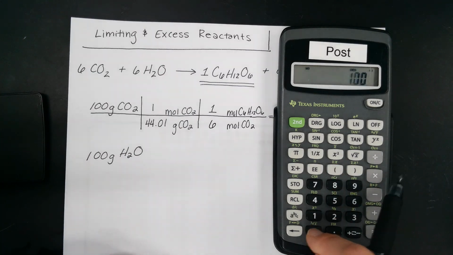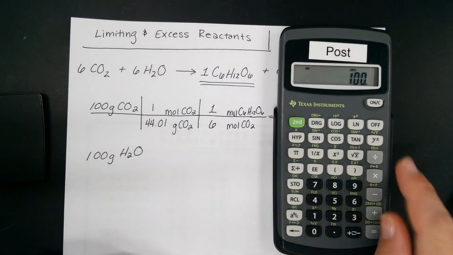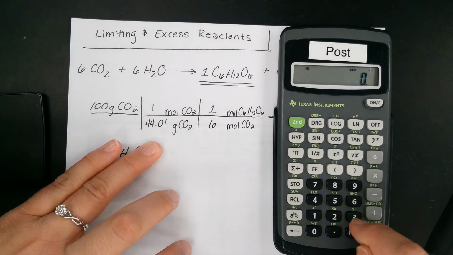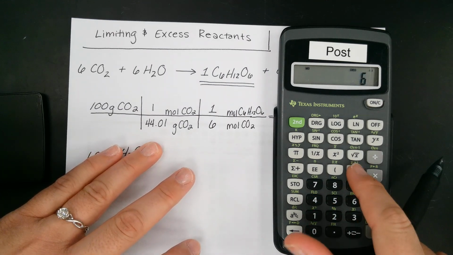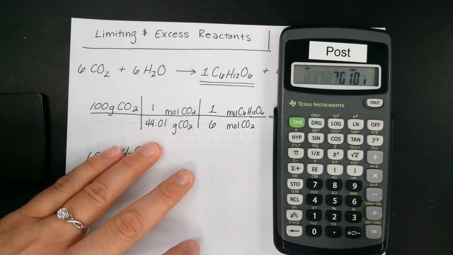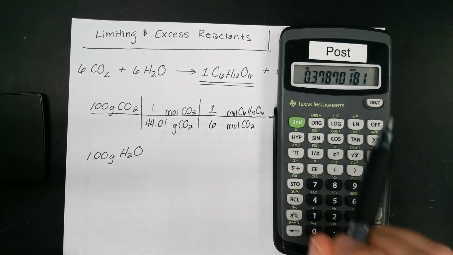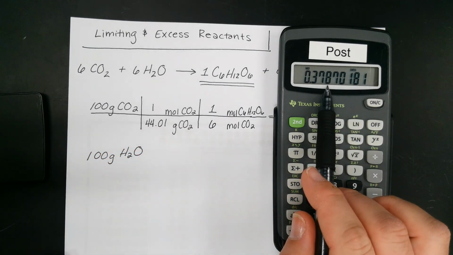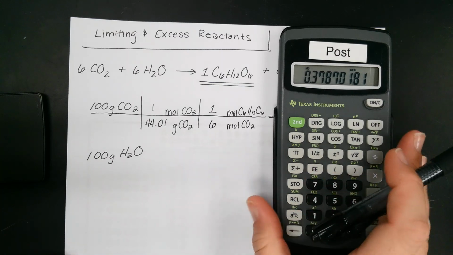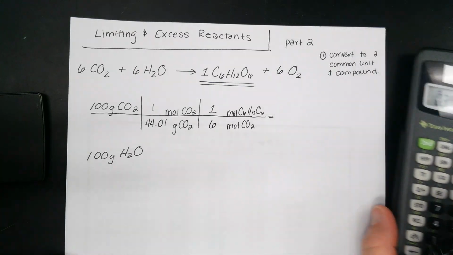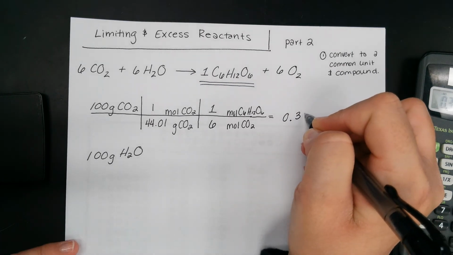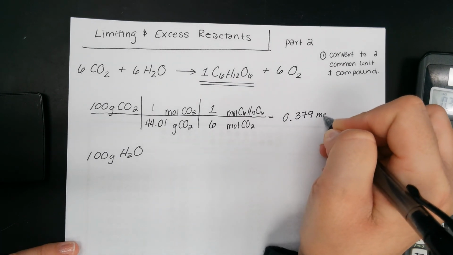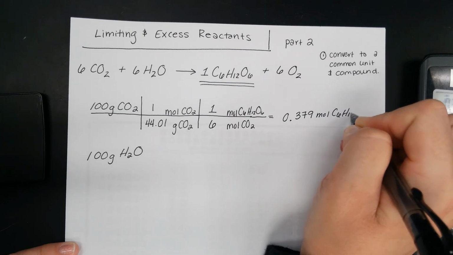So I'm going to do 100 times 1 times 1, divided by, open parentheses for the bottom, 44.01 times 6, close parentheses, so that's the bottom. Hit enter, and that's the whole thing. We'll go ahead and round it to 3 decimal places out, so to the 1/1000, so 0.379 moles of C6H12O6.